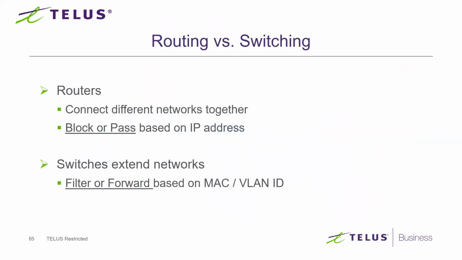Now, routers versus switching, it's important to understand that the difference is routing is connecting different networks together, and it's basically just authorizing whether an IP address or an endpoint can talk to another endpoint and has a route for it. Whereas switches extend networks, and they forward packets based on a couple of things: MAC addresses and VLAN IDs, and typically they will fire them out as fast as they possibly can.